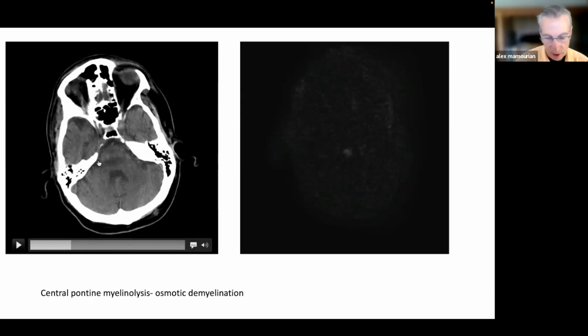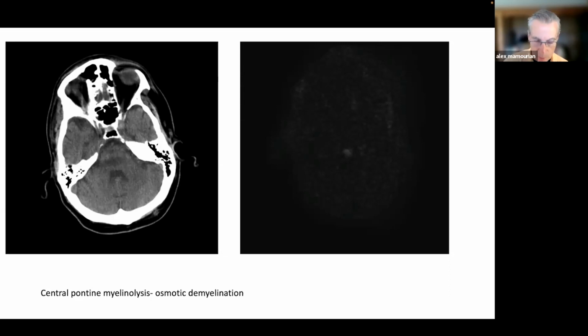Is it called beam hardening artifact? This is what makes it very difficult to make any sort of reliable diagnosis in the pons on CT scan. You can minimize this by using thin sections and so on, but in reality, this is an area where MR is much more effective in making a diagnosis.